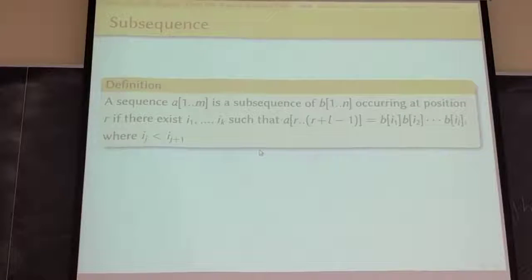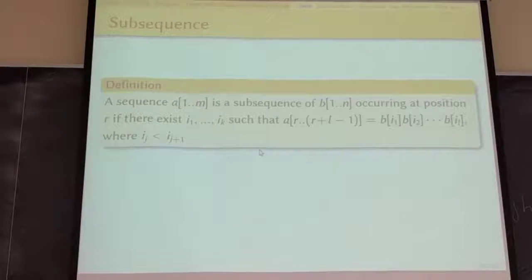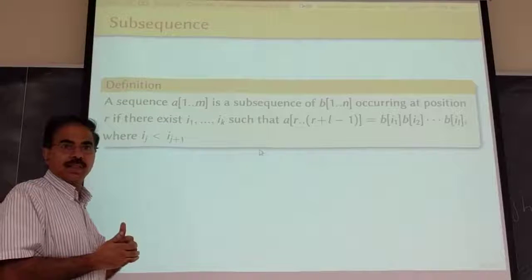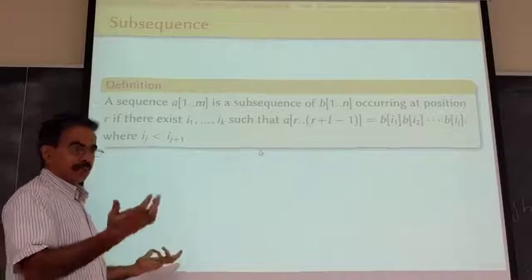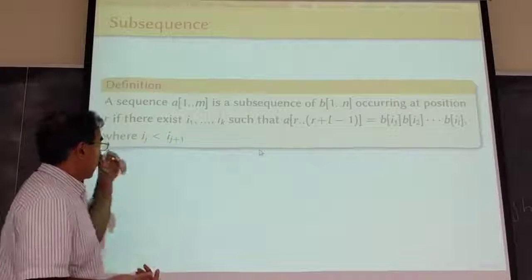So what is a subsequence? Well, we already defined what is a sequence and how a sequence differs from a string. A subsequence is something that we already defined when we talked about longest increasing subsequence. What is a common subsequence?